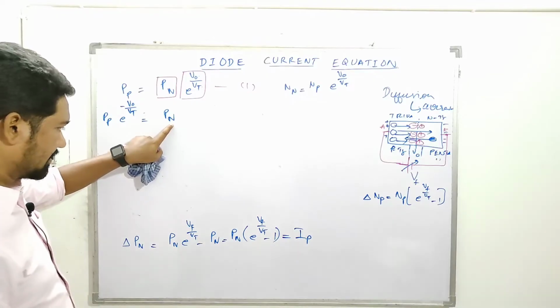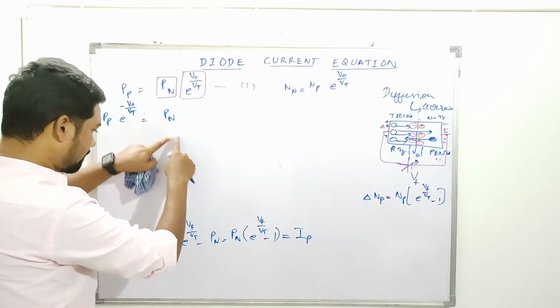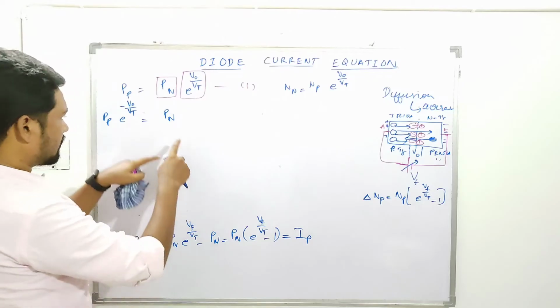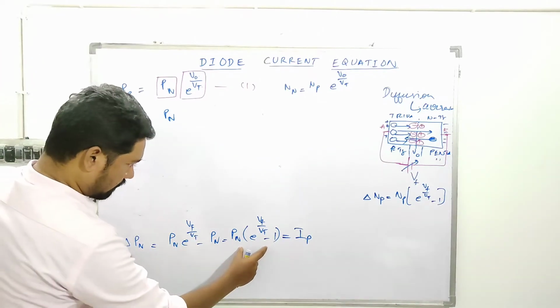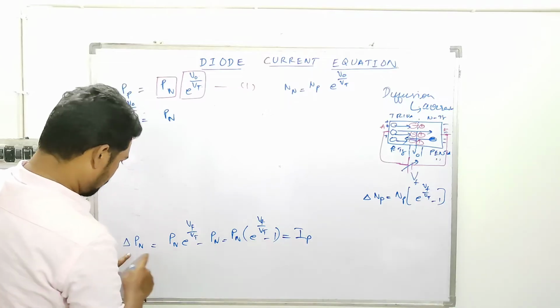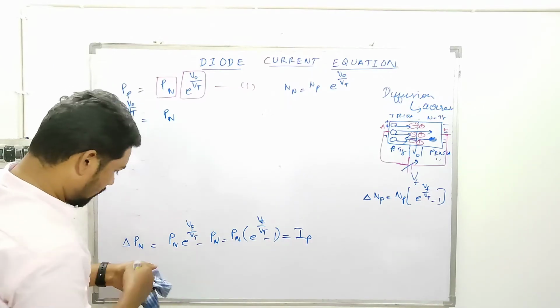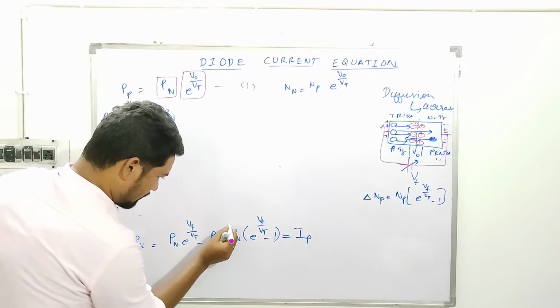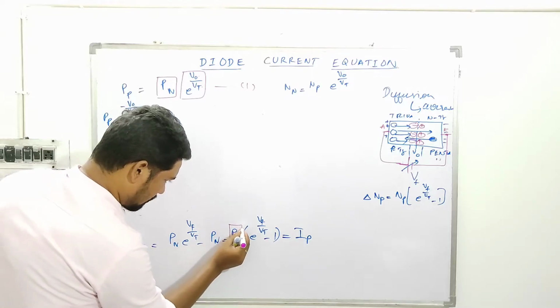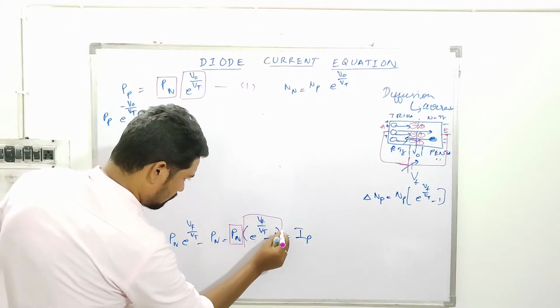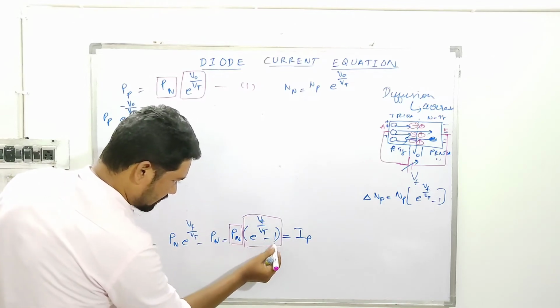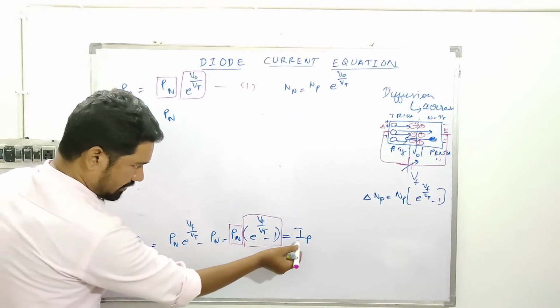And remember, take a pause over here, come back to this expression. Delta p_n took this form. What is this form? It's a product: charge concentration into e raised to some value minus 1. This product is a current.